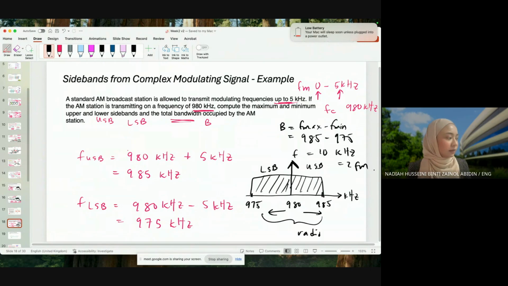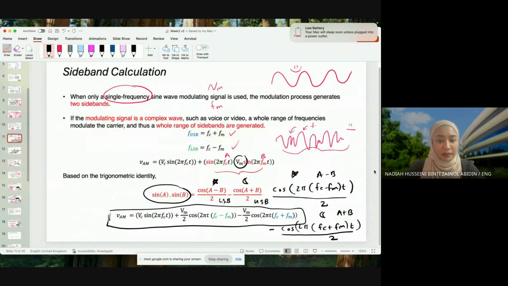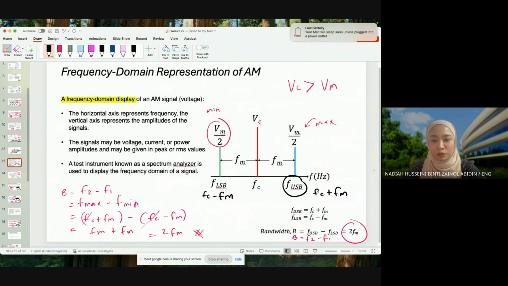This is rushing. Okay, so that is all for today's class. What we learned today: we talked about the math equation and how we use trig to expand it, and we found out we have an upper sideband and lower sideband. No wonder it looks so complicated. Then we plotted it in the frequency domain.